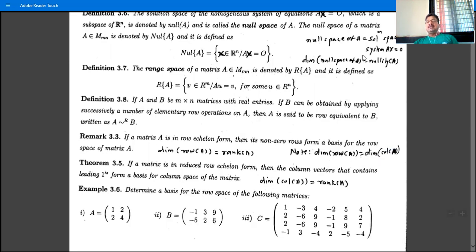And the nullity of the matrix is the dimension of the null space of A. So these are the definitions.